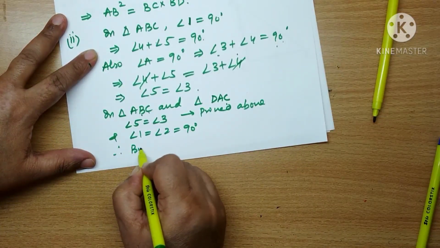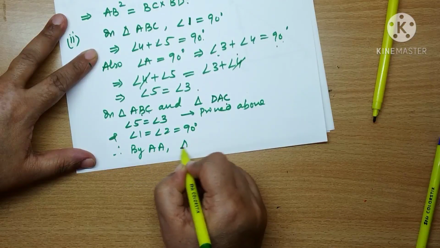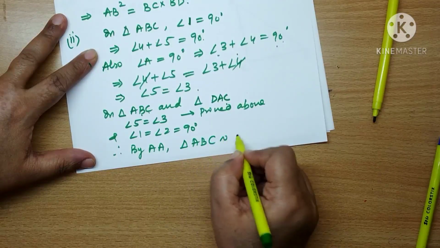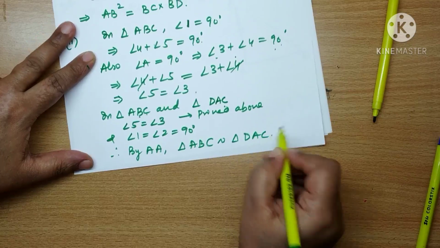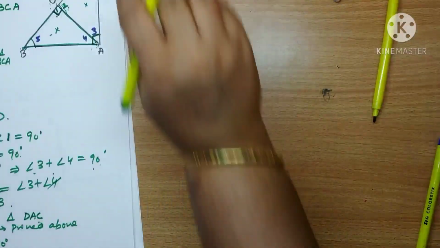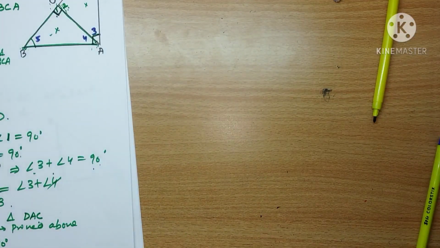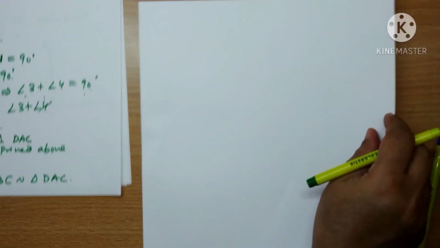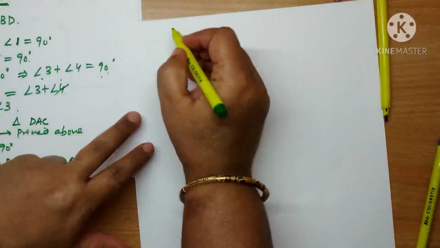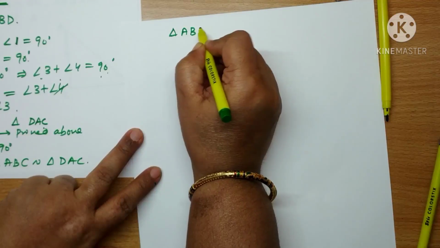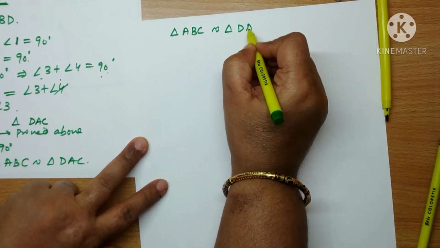Therefore, by AA, I have triangle ABC similar to triangle DAC. If these two triangles are similar, I can write the similarity: triangle ABC similar to triangle DAC.